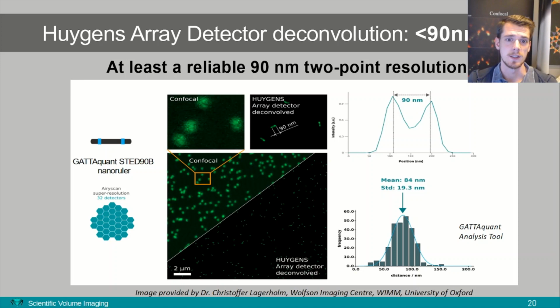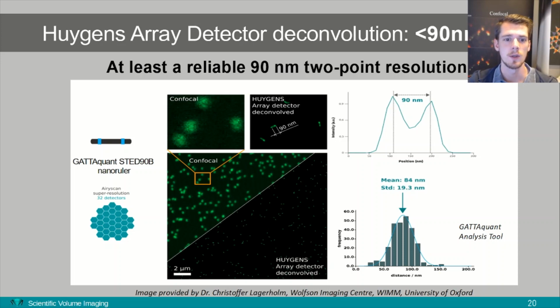Here we see an example of an array detector deconvolution image using the 32 detectors of an ArrayScan 1 microscope. So on the top left we see a confocal equivalent obtained by summing the raw detector images, and on the bottom right we see the result after deconvolution with Super XY.